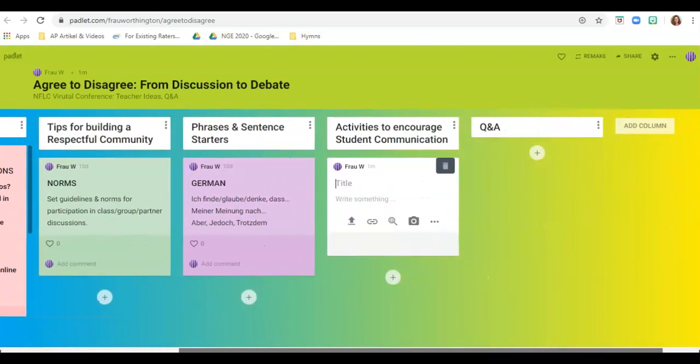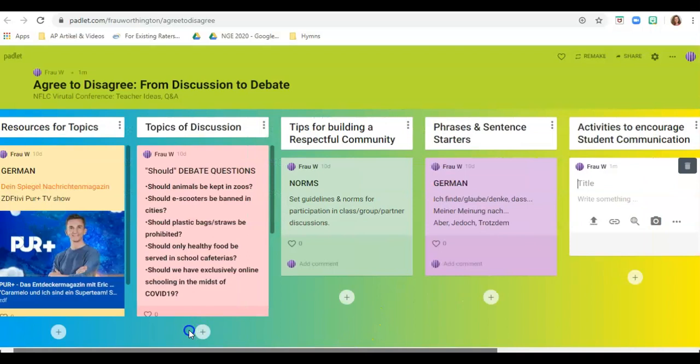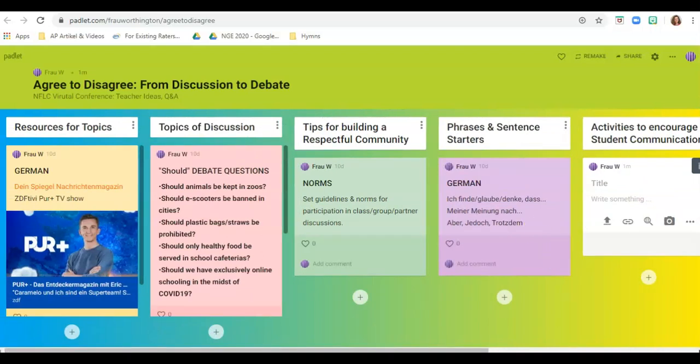If you scroll over to your right, you'll see that there is a question and answer at the end. You are welcome to use that to pose questions of me or of other participants. You can simply write comments and add links to the posts. There's lots of flexibility in how we use this board together.